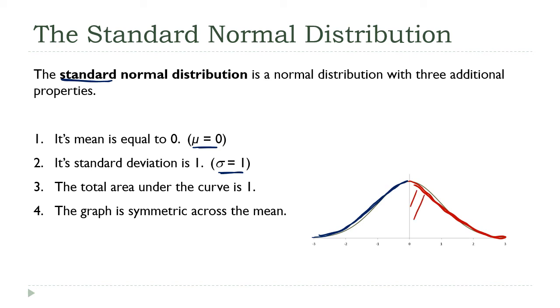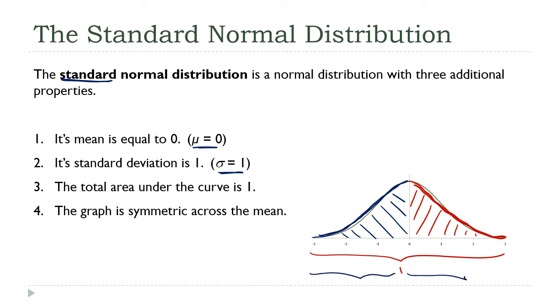So this area here is equal to this area here. So I want you to think about what that implies for a minute, because the total area is 1, and each of these parts is the same. The area under each side of the curve is going to have to be 1/2.